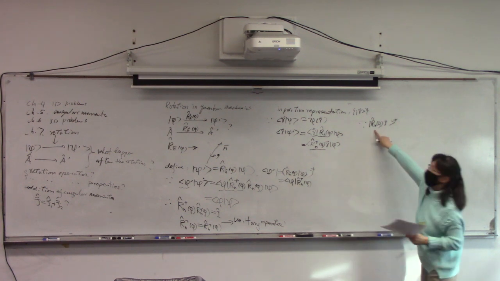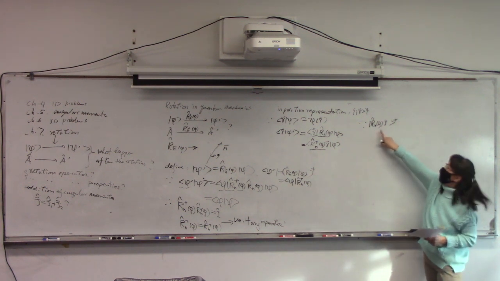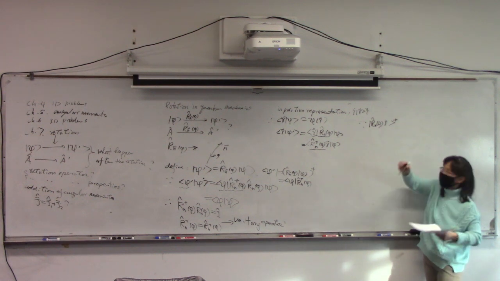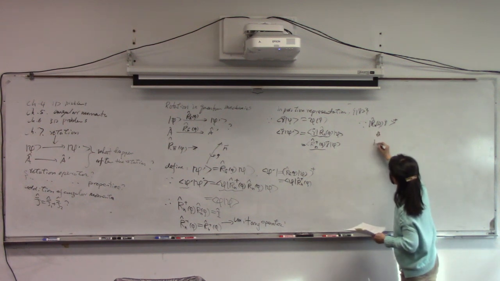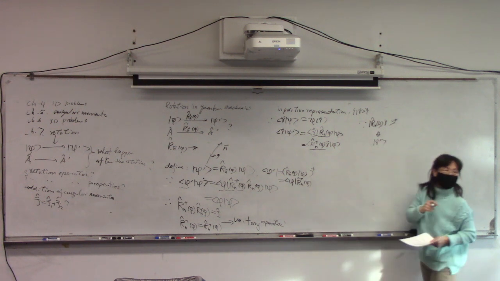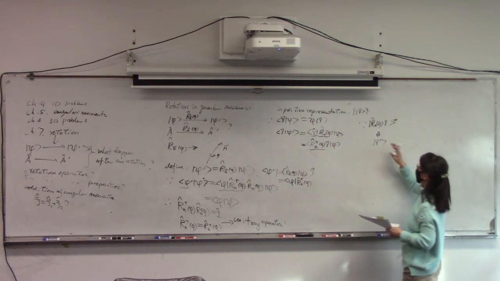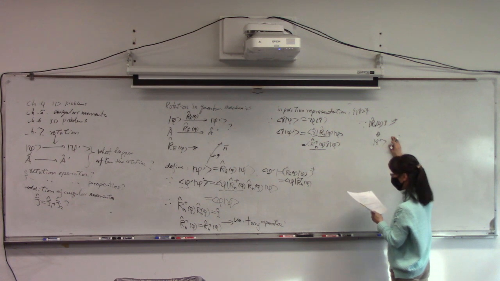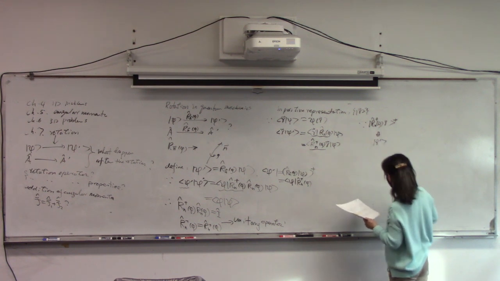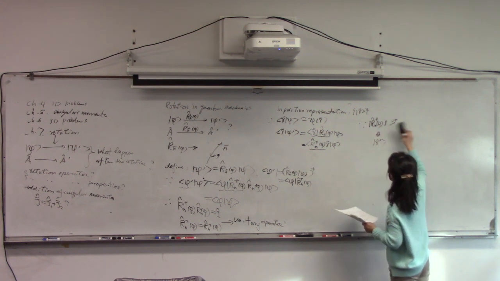This is a vector, ket. Applying the rotation operator R to this ket gives a new vector, you can consider it R prime. But now look at this one: it's a dagger, not itself, so this is another vector.